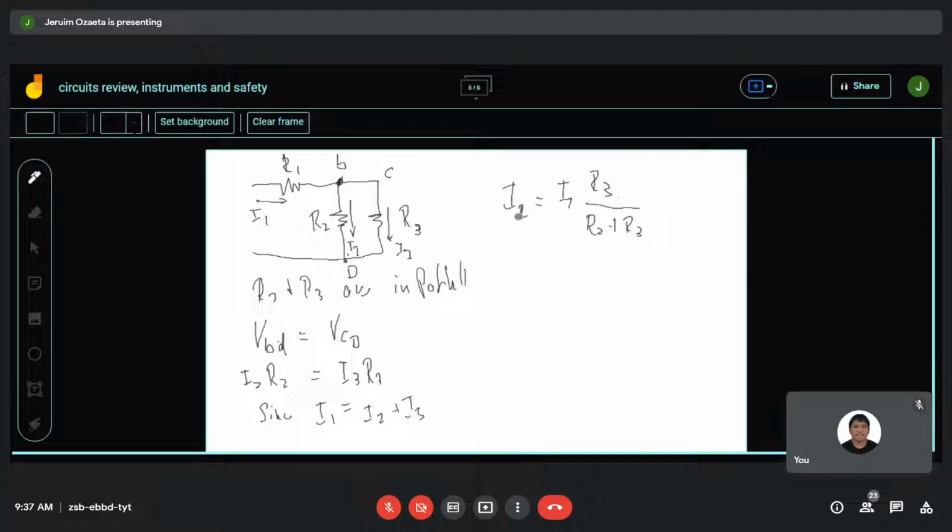How can you solve this? You will notice that it is just a divider. Also, I sub 3 equals I sub 1 times R sub 2 over R sub 2 plus R sub 3. This is by Ohm's law. Okay?